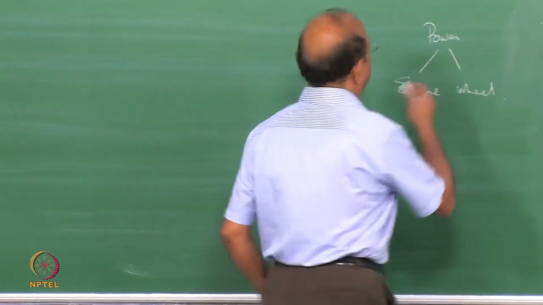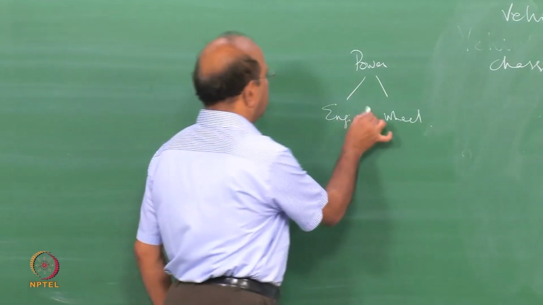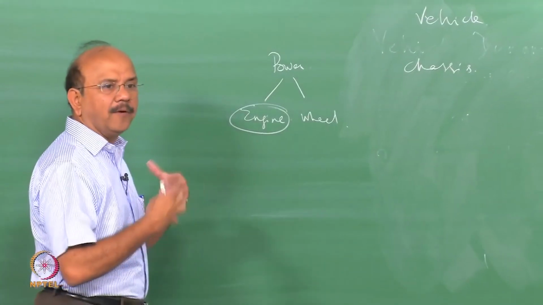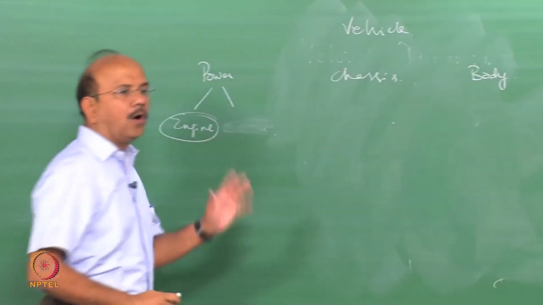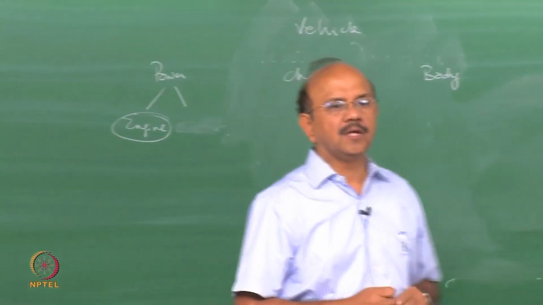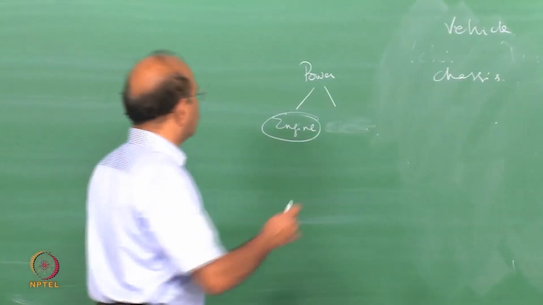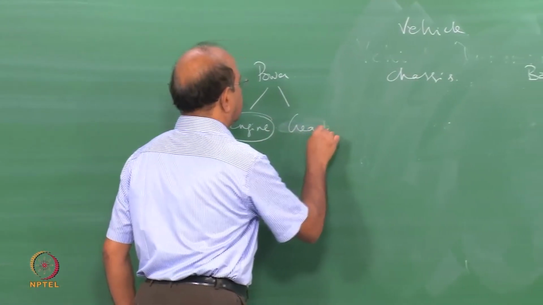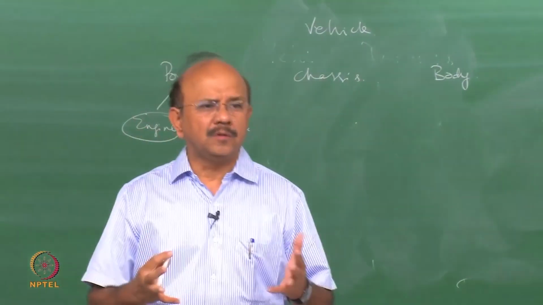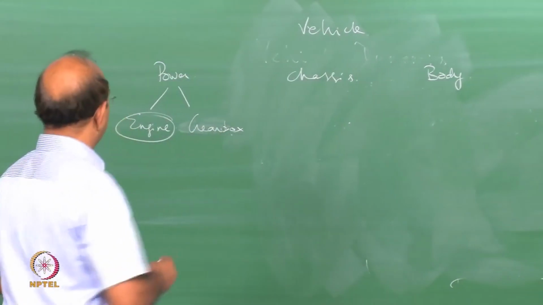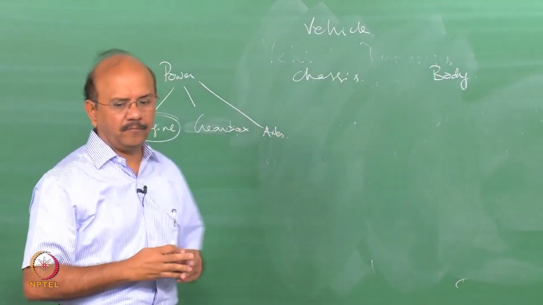So the power that is given to the vehicle is developed by the engine and goes to the wheel. So you can include all those transmission systems that go to the wheel, which you can say gearbox, etc. Okay. Now if you want, you can also in this category include the axles. Doesn't matter, we are only categorizing them.